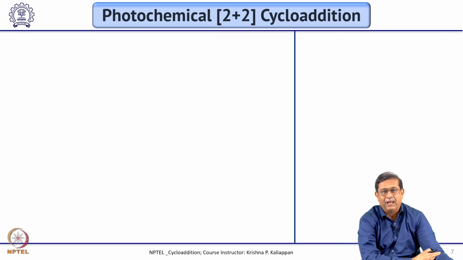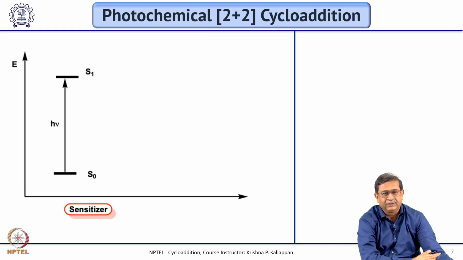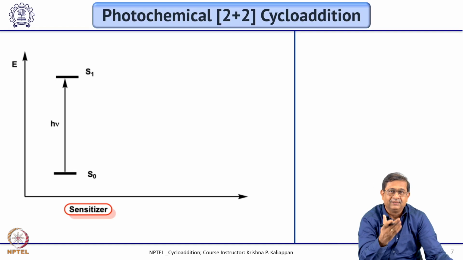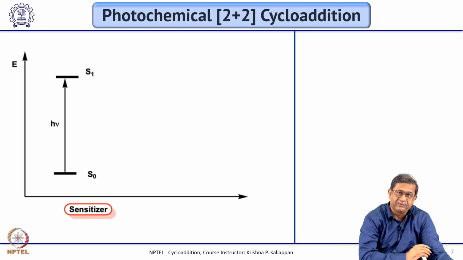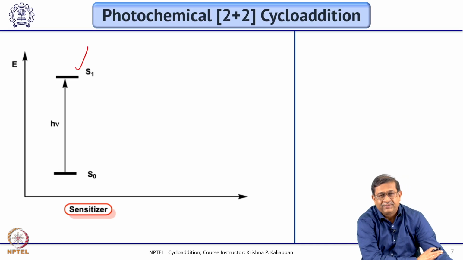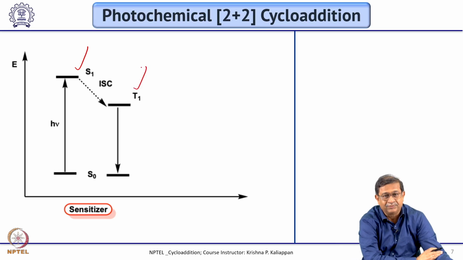Okay. How does it happen? We know the Jablonski diagram. Just to give a simple illustration, first the sensitizer absorbs energy and reaches the excited singlet state. Through intersystem crossing, it goes to the triplet state.